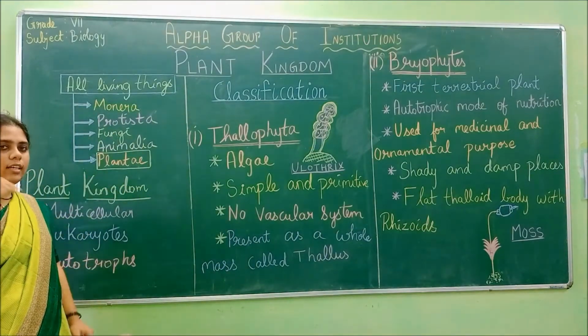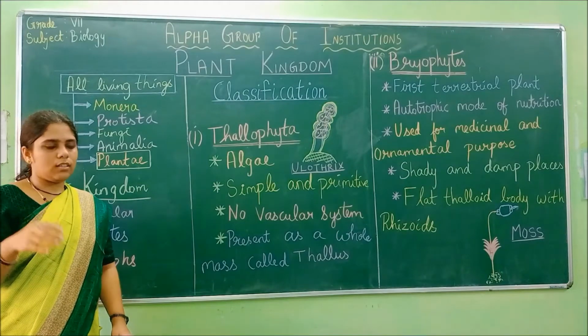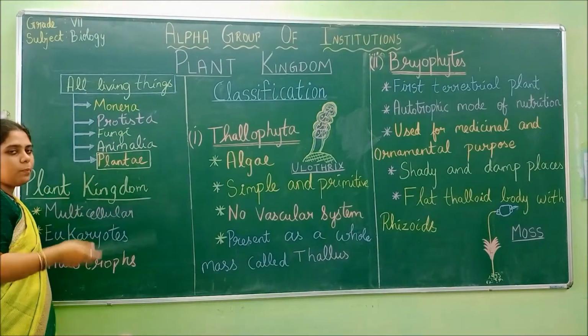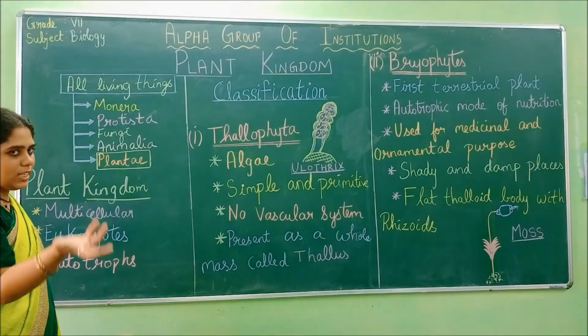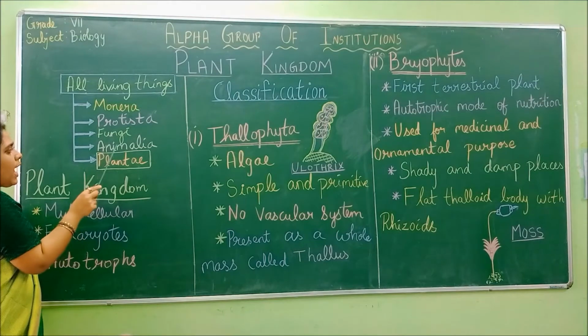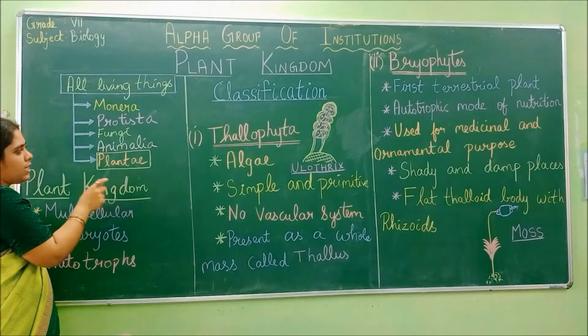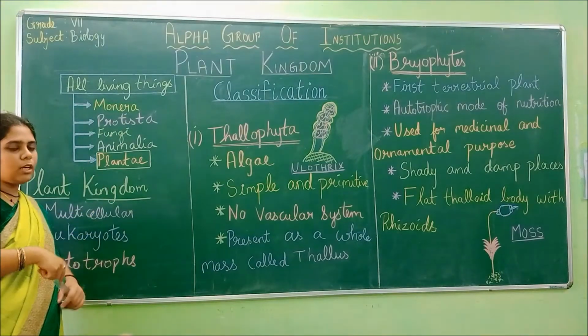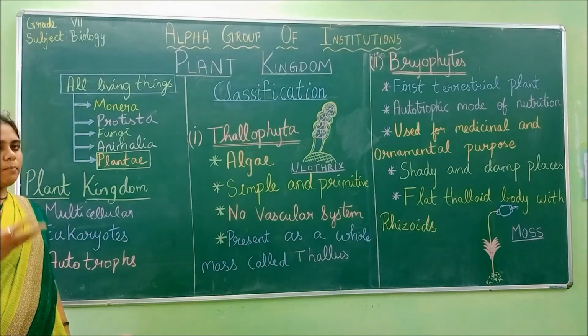Fungi are a little more developed. Compared to these two, they will be visible. We can see them with the naked eye, but they will be very small. Then come the animals, which are a much more developed category.